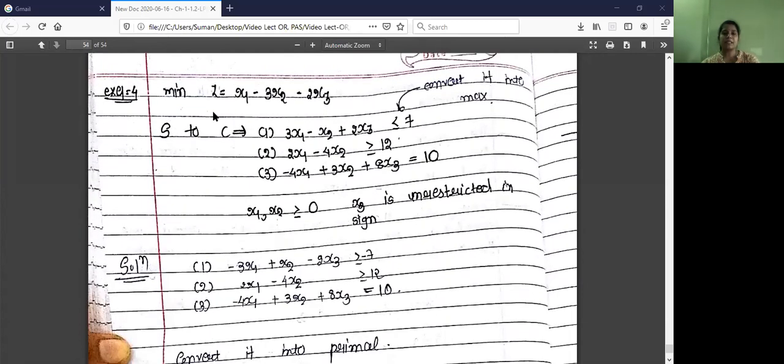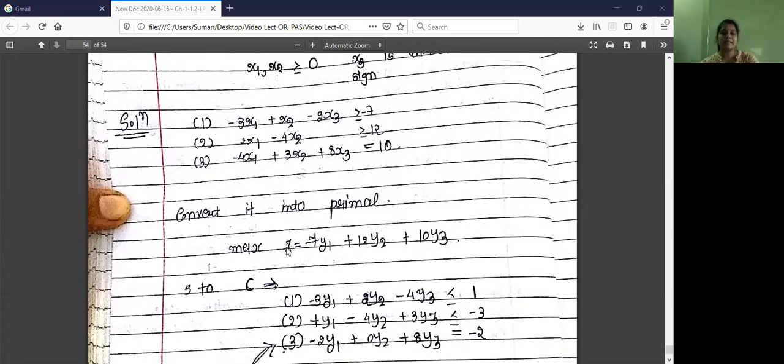Our next question is minimize z is equal to x1 minus 3x2 minus 2x3. Subject to constraints, we are given these three equations, where x1, x2 are greater than or equal to 0 and x3 is unrestricted in sign. Firstly, our objective function is in minimization form, so in our solution the dual objective function is to be in maximization form.